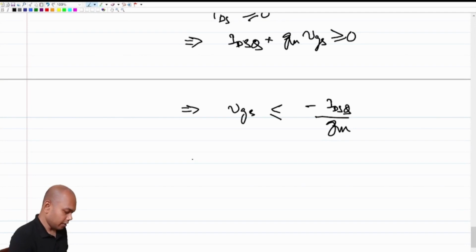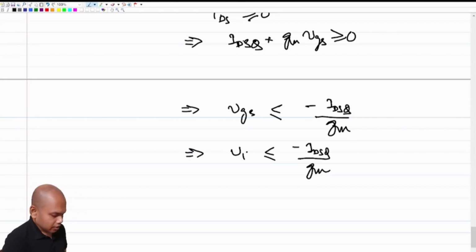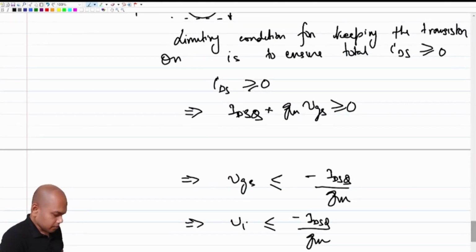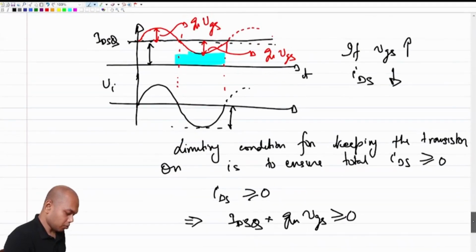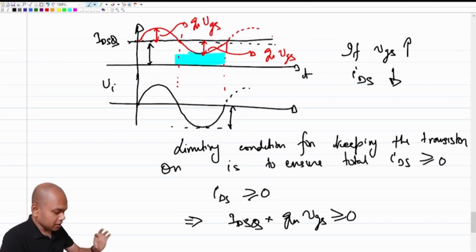In our case, VGS is essentially Vi, correct? So Vi should be less than or equal to minus IDSQ by GM, correct? But note that here you have to be careful with the signage, because what is it that is changing when VGS is decreasing?